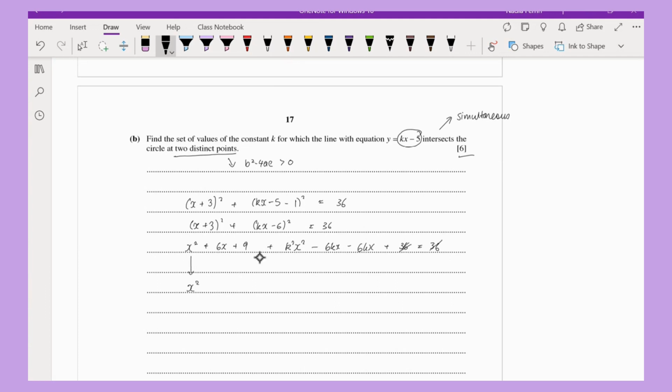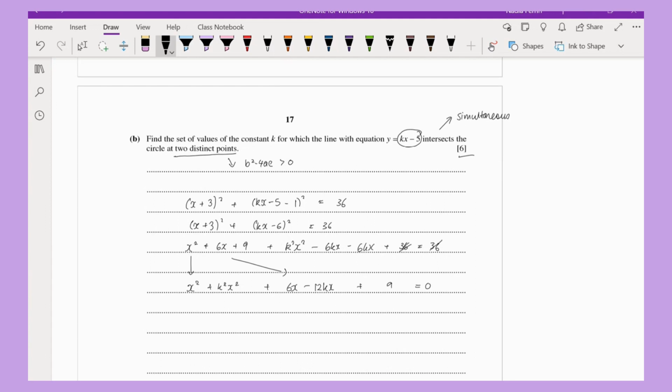So I've got x squared and I've got k squared x squared. I'm going to collect my x's together. So I've got 6x from here and then minus 6kx from there. Actually 12 of them, because I should collect those two together. And then lastly, I have a 9.